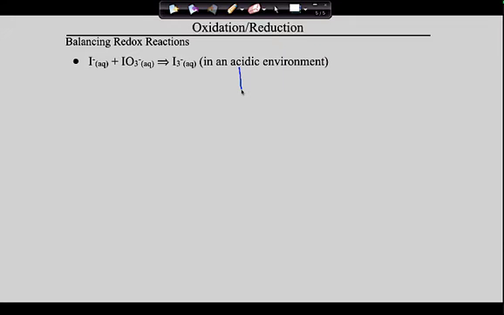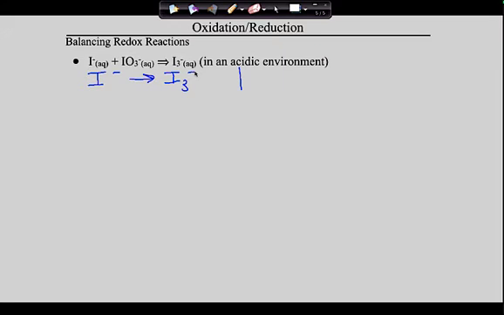So we need half reactions. The half reaction goes like this. I minus is becoming I3 minus. There is one of our half reactions. Center it in the left half of the page.